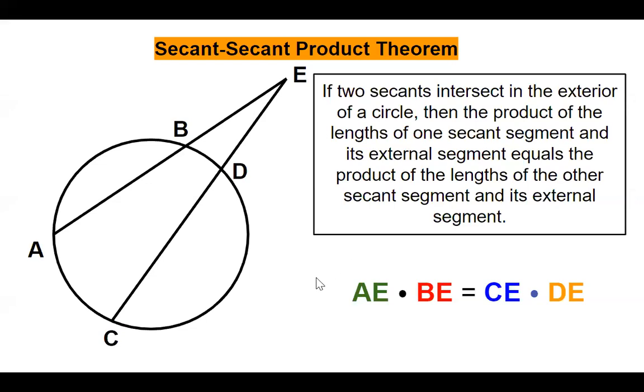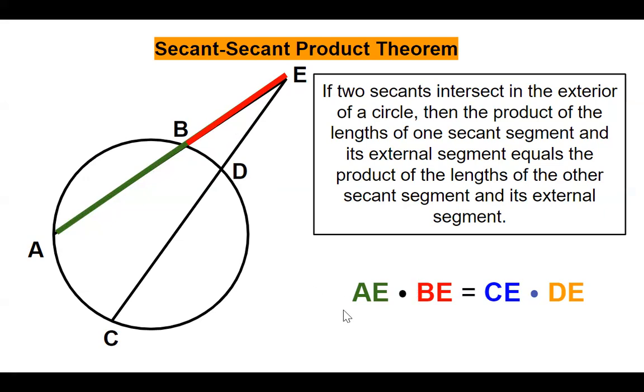Now, it's a lot of words to digest in your brain and visualize what's happening exactly. But I'm going to highlight it for you guys. So what this theorem is stating is that I'm going to grab one of the secants, for example, AE, and its exterior part. What's the exterior part? BE. So BE is going to be multiplied by the entire secant.